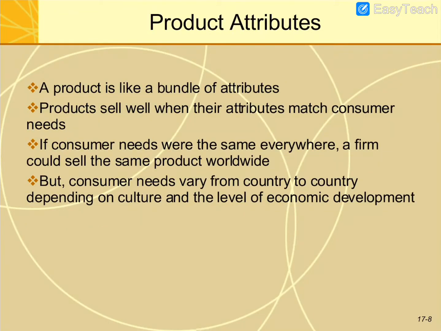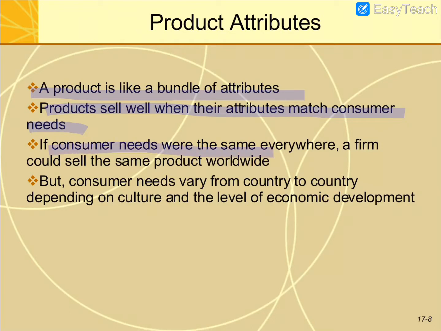Now we go to the first marketing mix component, which is product attributes. A product is like a bundle of attributes. Products sell well when their attributes match consumer needs. When the attributes or characteristics match the customer needs, then the product can have demand and can sell well.